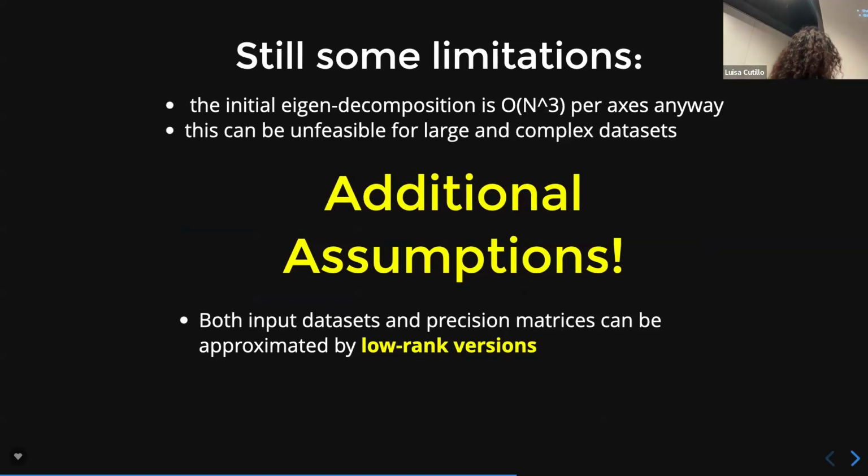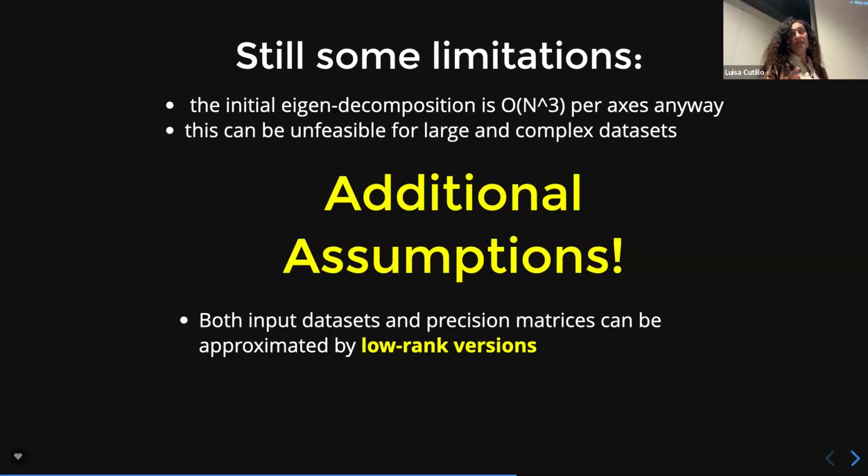So there are still some limitations. The initial eigendecomposition, as we were saying, costs a lot. So we can assume that both the input dataset and the precision matrices are low rank. So we can expect that the precision matrix is a low rank matrix, and we can have a guess on what that can be based on the variability in the data, okay?